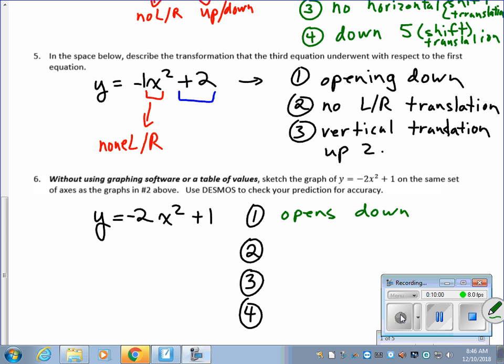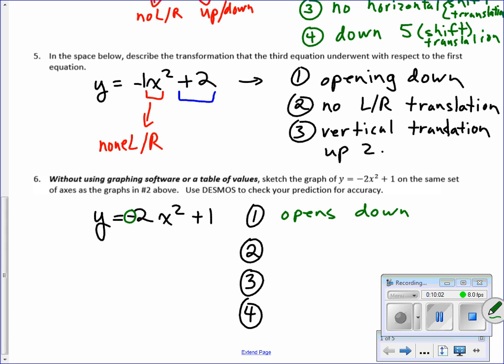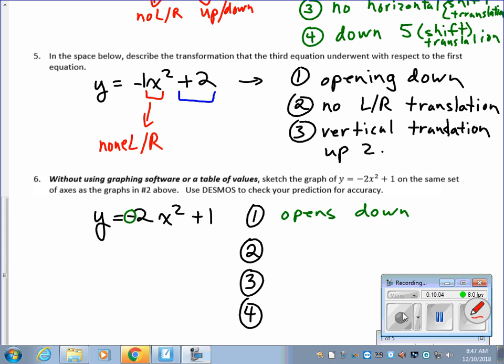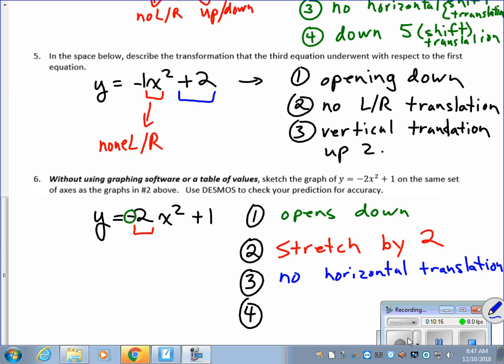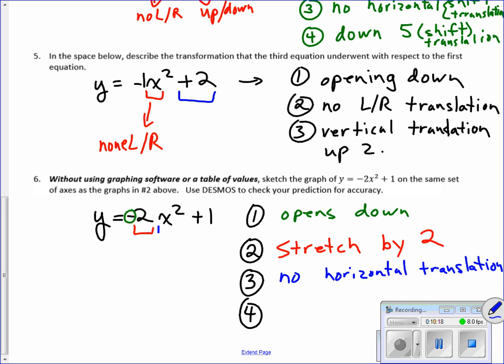It opens down because of this negative number that we have here. Our stretch is by 2, and that is identified by the number 2 sitting in front of the x squared term. There's no horizontal translation because of the x squared term.